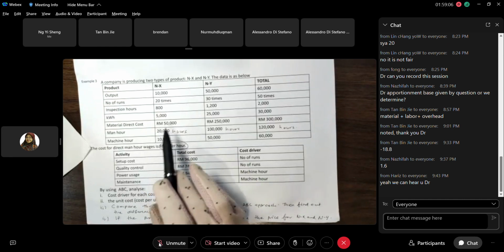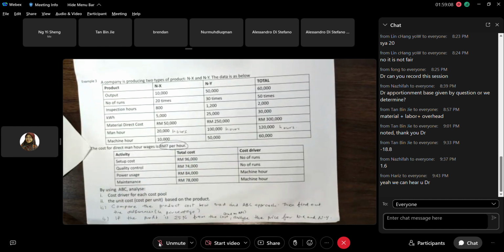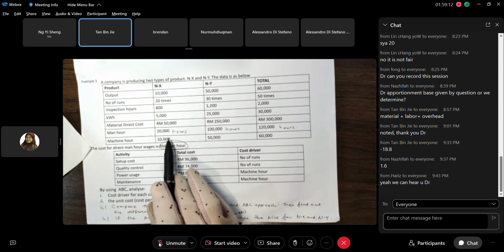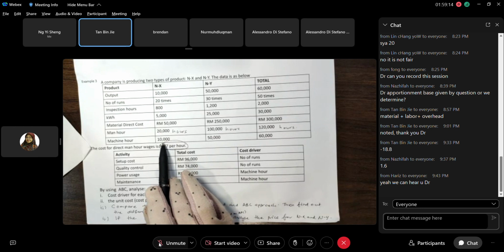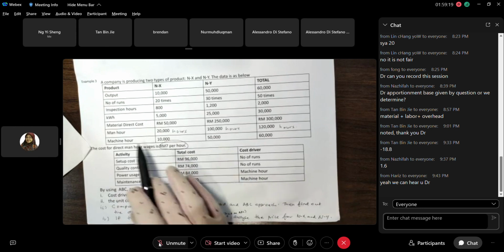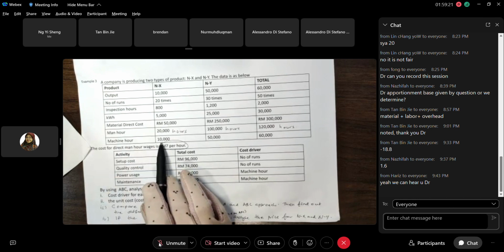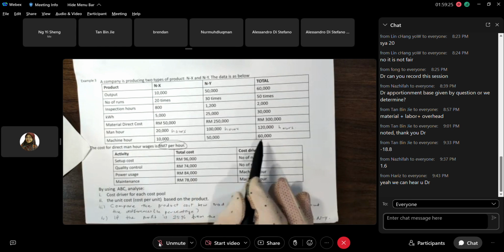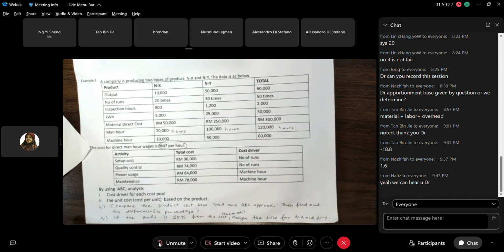Sorry, machine hours ni 10,000 and 50,000. Sorry, salah tengok. Ni man hour, ni machine hour. So divide by 60,000. So you will get 5.53 ringgit per machine hour.